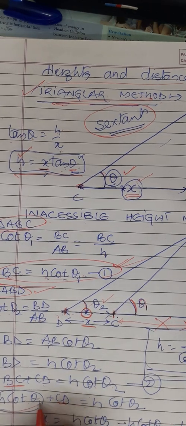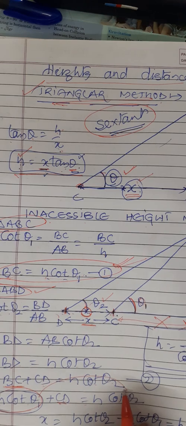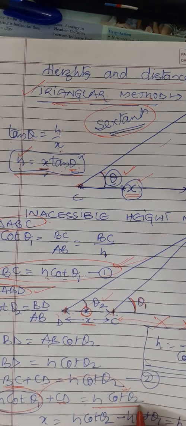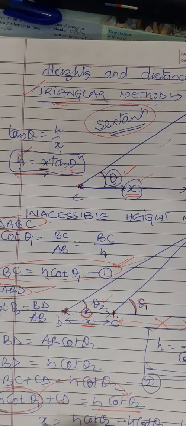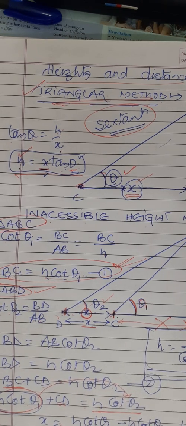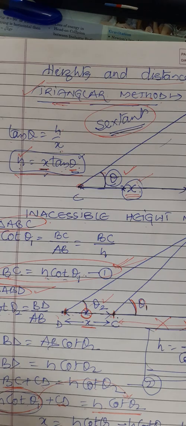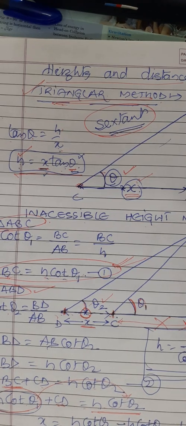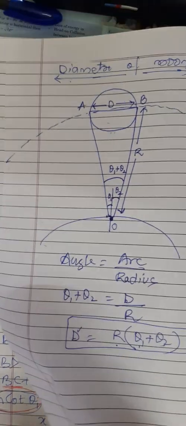Now if I take h cot theta 1 along this side to the h cot theta 2, it will become CD, which is x, equal to h cot theta 2 minus h cot theta 1. Taking h common, this comes out to be h times cot theta 2 minus cot theta 1, which will be the value of x.